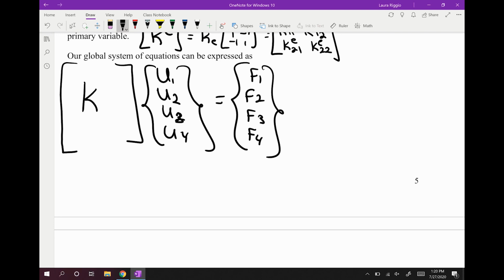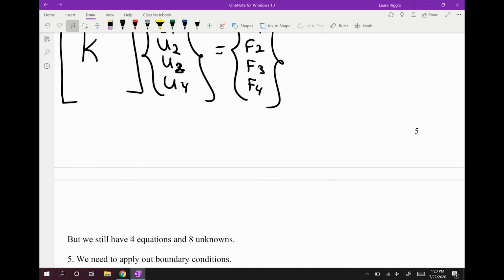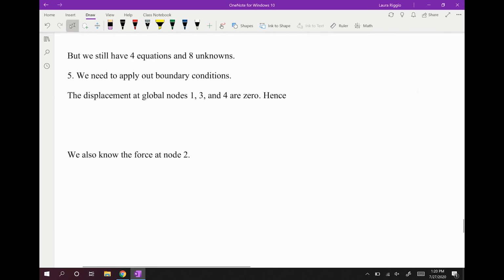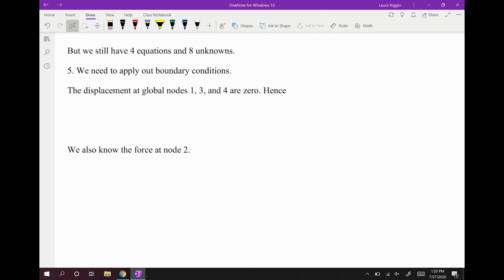So in order to solve the system, we have to apply our boundary conditions, or those pieces of information that we can gain from what we see in our system. Namely, in this problem, points 1, 3, and 4 are fixed. So our displacement of point 1 is equal to our displacement at point 3, which is equal to our displacement at point 4, which is equal to 0.